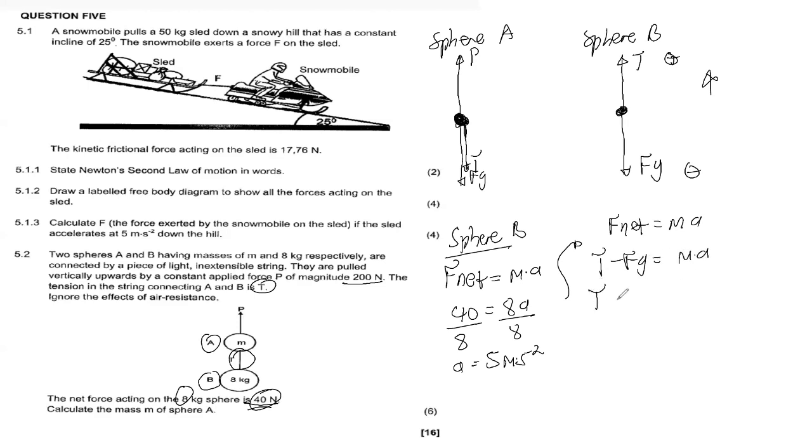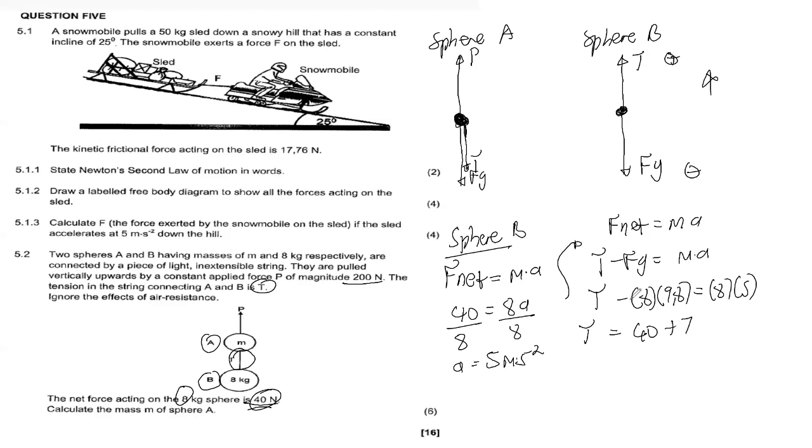We are looking for the tension now. Fg is mass times the gravitational acceleration, which is 8 multiplied by 9.8, and here we have 8 multiplied by 5. Then T is equal to 8 multiplied by 5, that's 40, plus 8 multiplied by 9.8, which gives us 78.4.